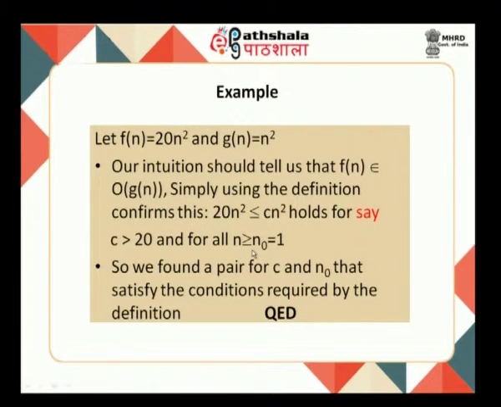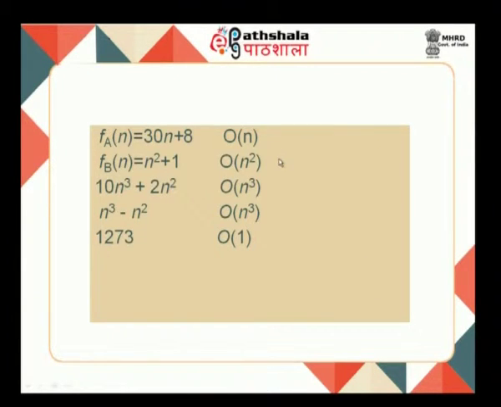Therefore, when n is greater than or equal to n naught, which is 1, and c is greater than 20, then this condition holds good. Therefore, I can say that this is going to be the order of n square. In other words, if I am able to find suitable evidence, then I can say that this is going to be the order of n square.